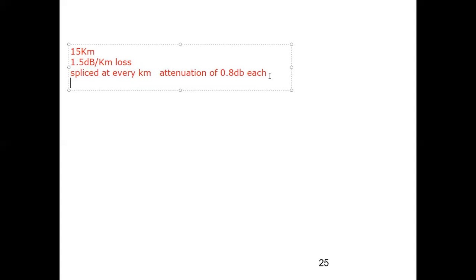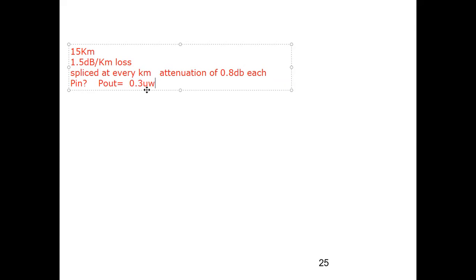Find the minimum optical power required at the input. So you're supposed to find out P in, the minimum optical power required at the input of the fiber to maintain a mean optical power level of 0.3 microwatts.